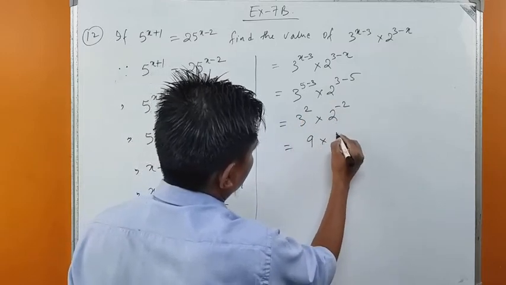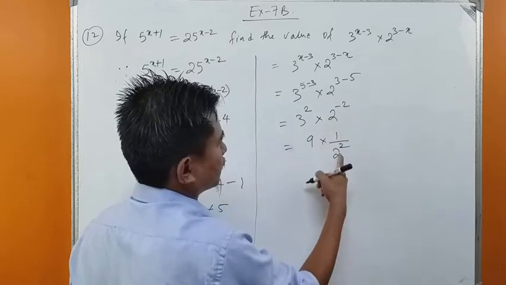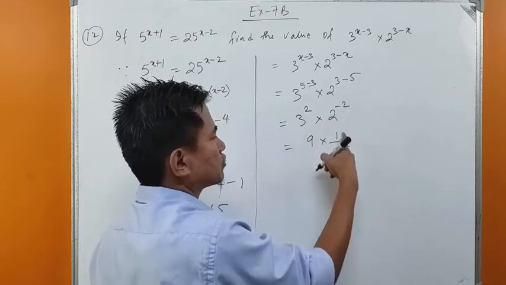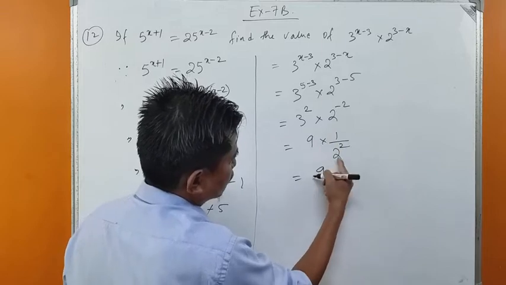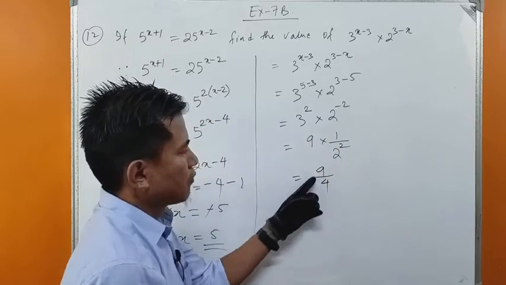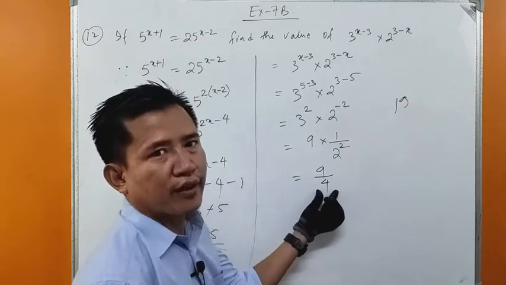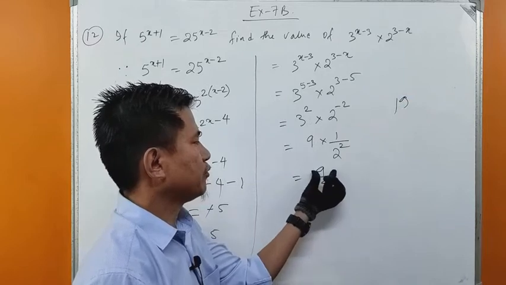Now into 1 upon 2 squared. Minus 2, when we take this number to the denominator, the power minus 2 changes to plus 2. This means 9 ones are 9 upon 2 squared is 4. 9 upon 4, isn't it? So let's divide, because this is an improper fraction. The number in the denominator is smaller than the numerator.